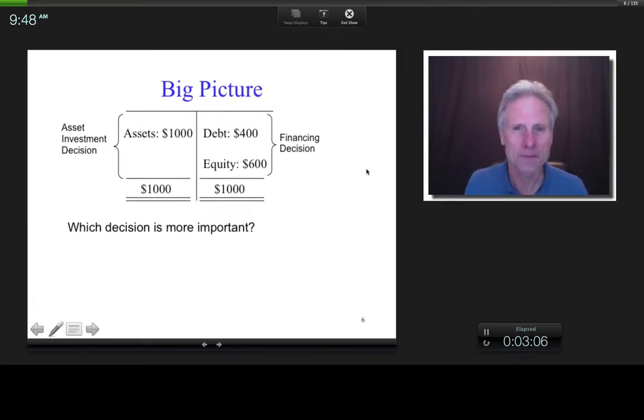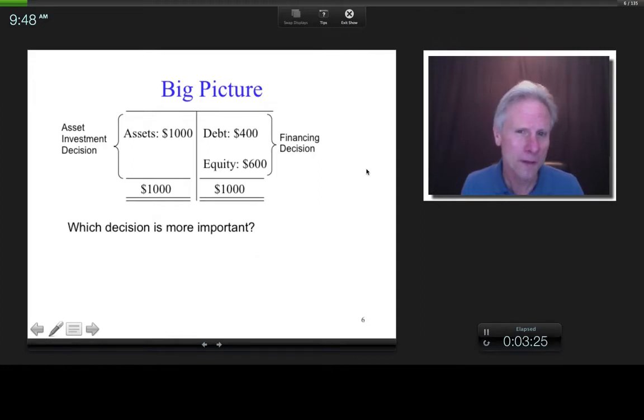And then they got into the iPhone business and this business and that business. Are all those examples of asset investment decisions? They are, right? And if you'd invested in Apple back in, say, the early 90s, you'd be pretty happy right now.